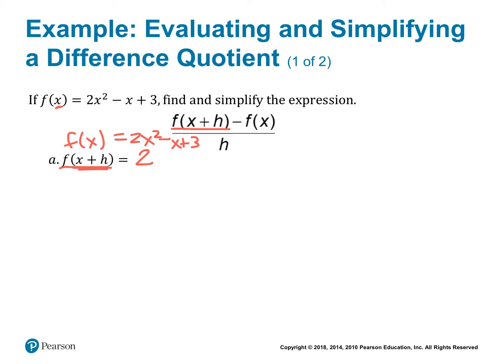So wherever I see an x, I'm going to put the x plus h. So here I'm going to put x plus h, but then I need to square it, minus, put another x plus h, then this plus 3 just gets tagged on at the end.